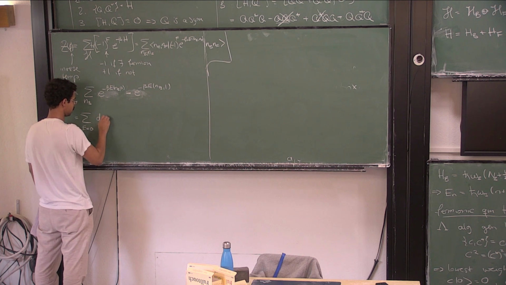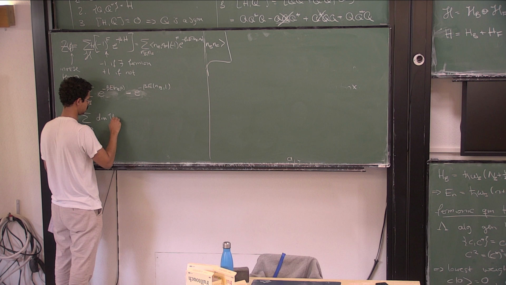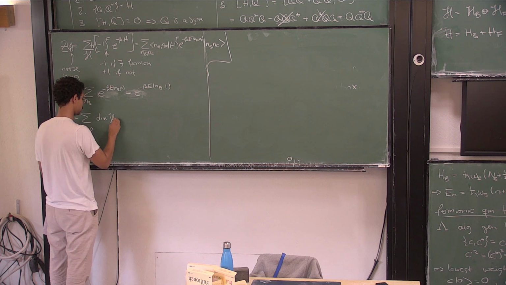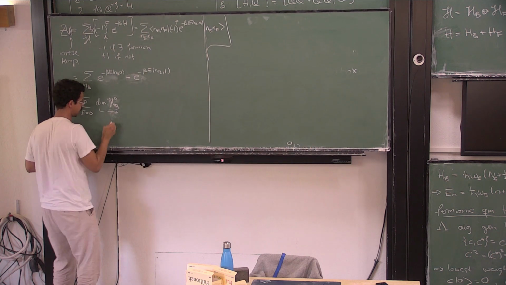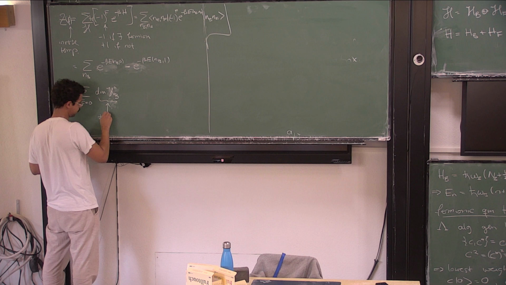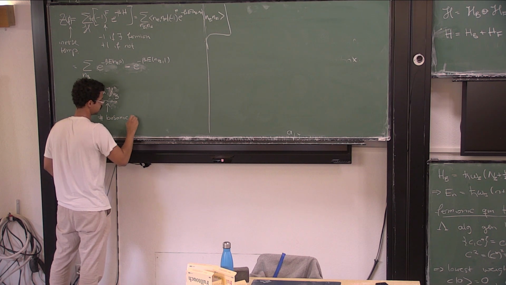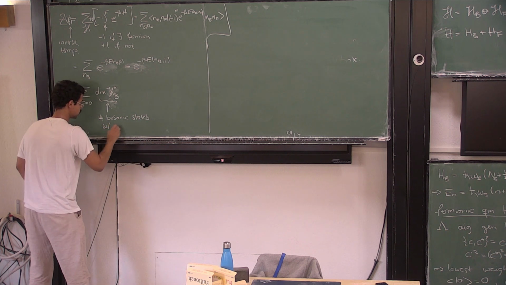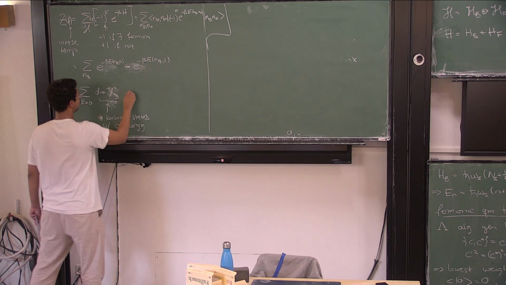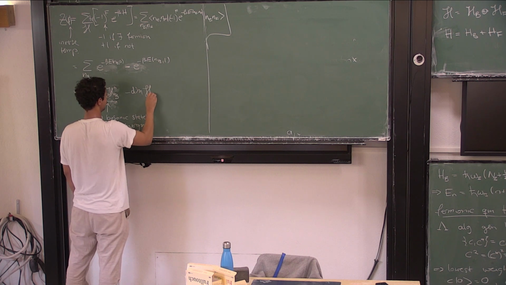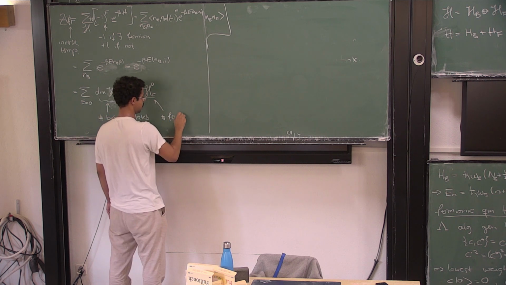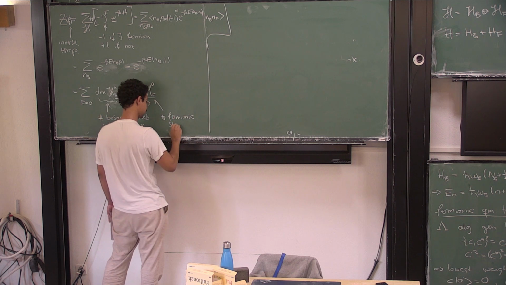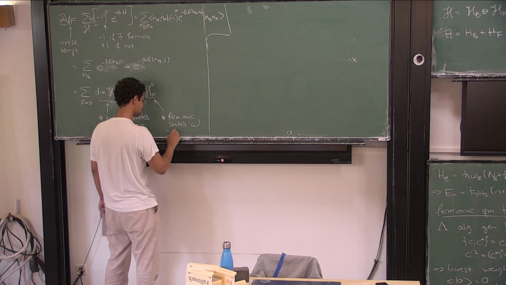So this is the number of bosonic states with 0 energy, minus the dimension of F0, which is then the number of fermionic states, meaning there is a fermion with 0 energy.